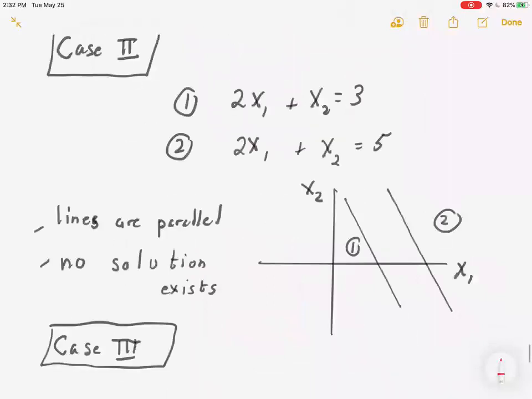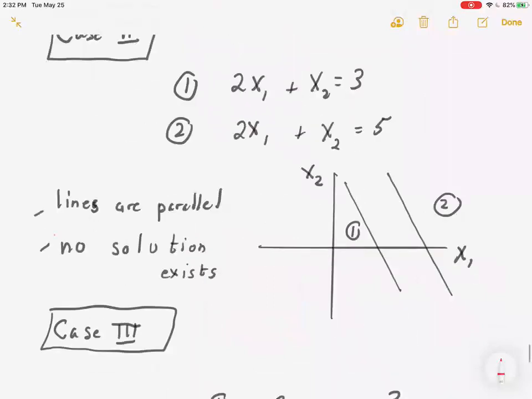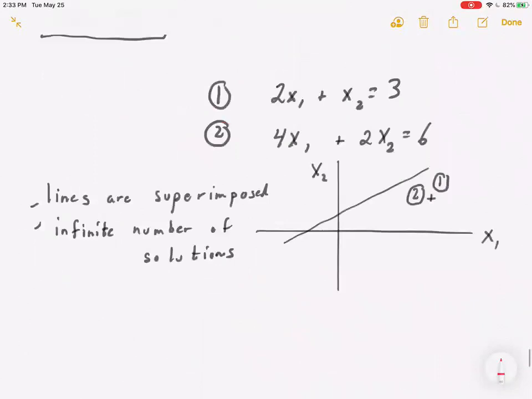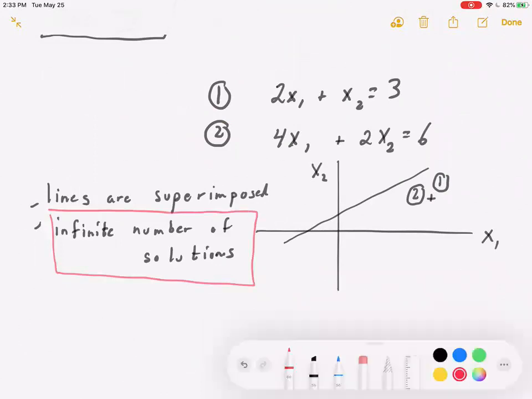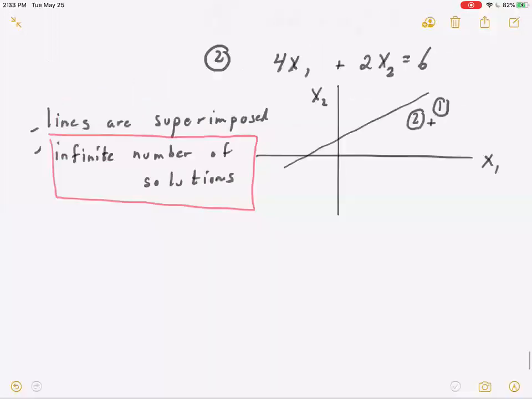The second case gives you a result where the lines are parallel, so no solution exists. And the third case gives you a result which tells you that there are infinite number of solutions. Namely, the 2 lines are superimposed on each other. So those are really the 3 results you can get. Those 3 possibilities are the only possibilities you can get when you actually sit down and try to solve a system of linear equations simultaneously.